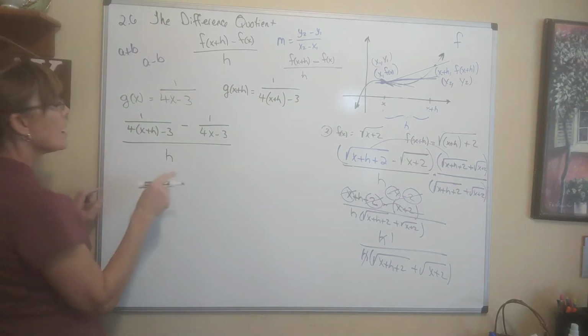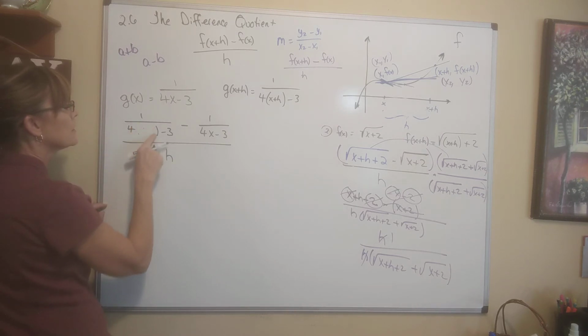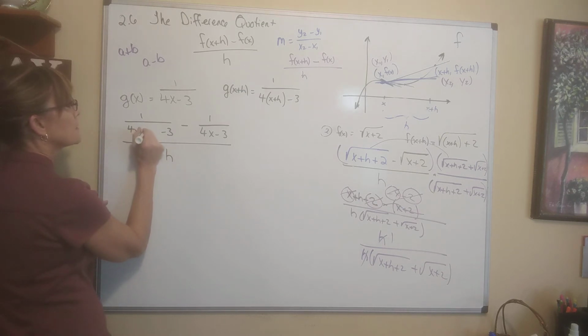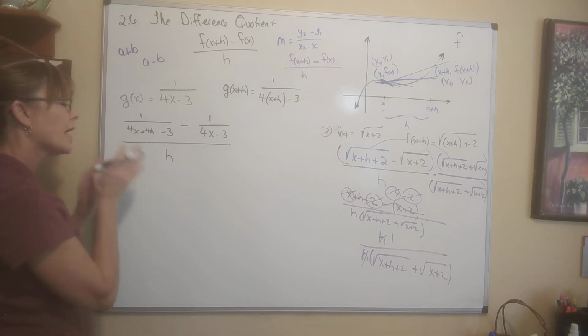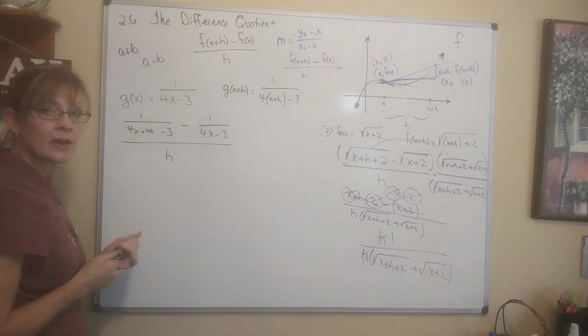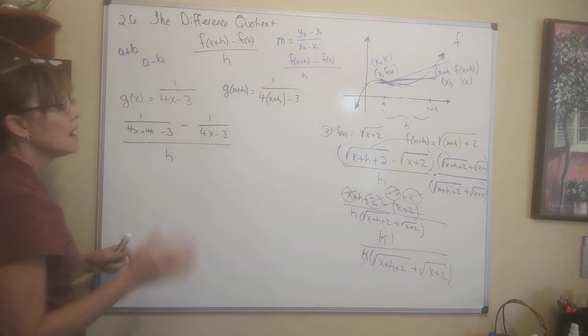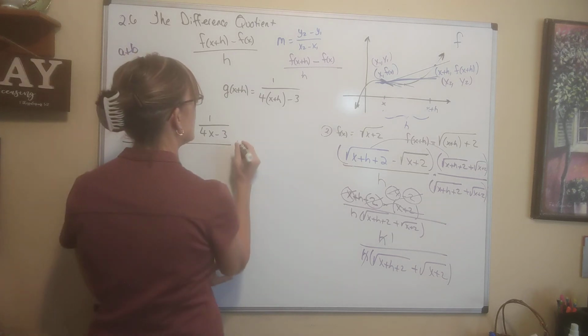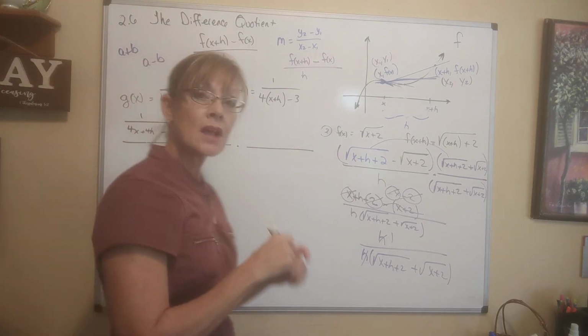Okay. I can distribute the 4 times x, 4 times h, so that's going to be 4x plus 4h minus 3. Now, how do we handle this? We've constructed the difference quotient. Now we need to simplify it. If you have a complex fraction, and this is a complex fraction, a nice way to simplify it is to multiply the numerator and the denominator by a lowest common denominator.